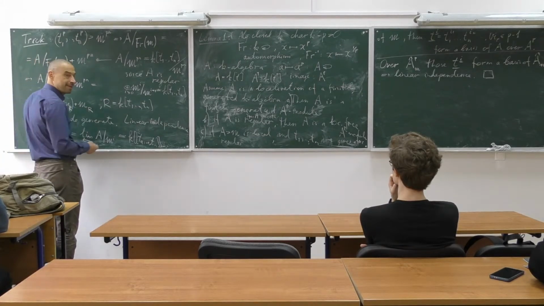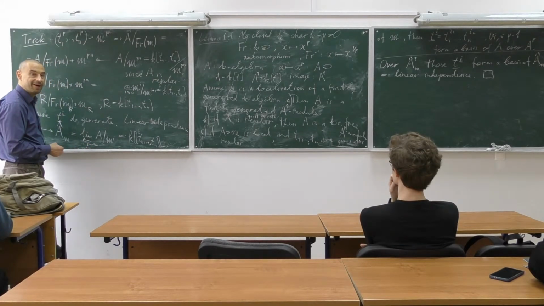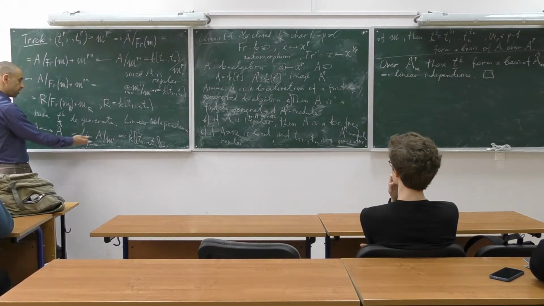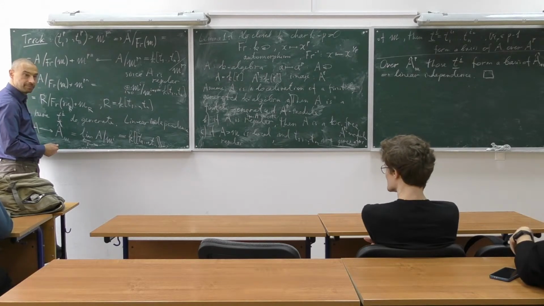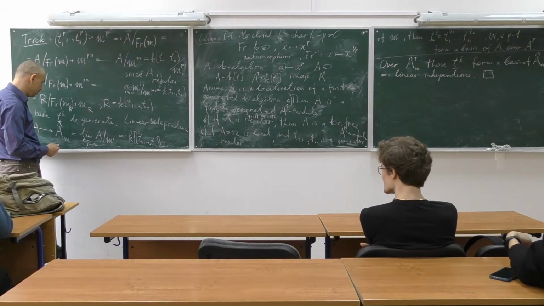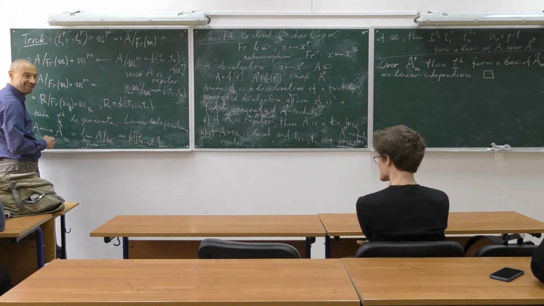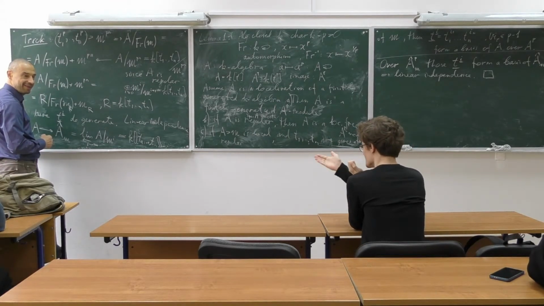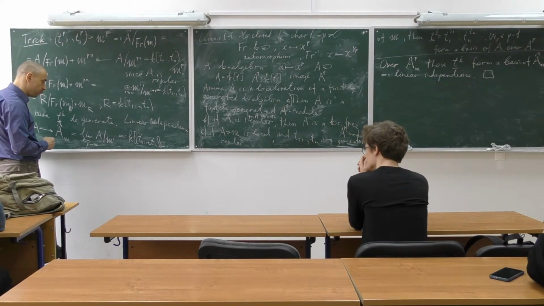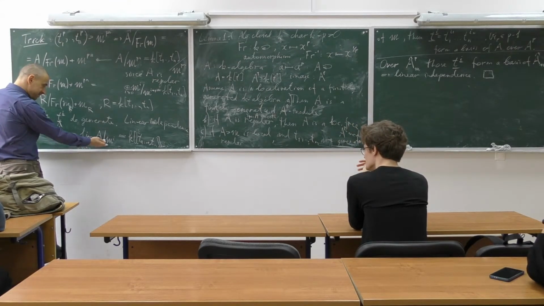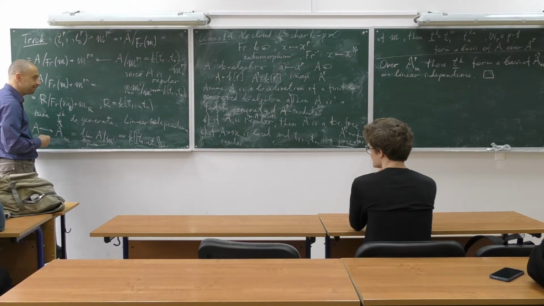Okay? Pardon me? The completion by definition is this limit. Yes, absolutely. This is some p-adic completion. No, it's m-adic completion. And it means precisely this. M-adic. Yeah, just the definition.